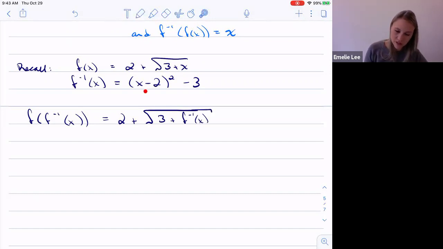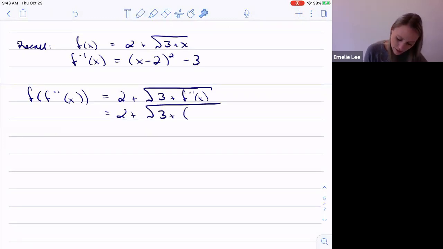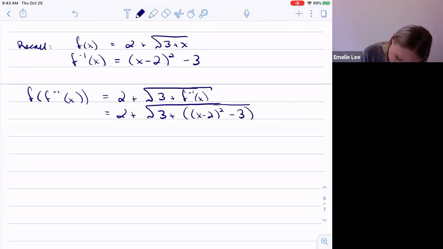And f inverse of x is (x minus 2) squared and then minus 3. So we get 2 plus the root of 3 plus, and I'm going to put my whole inverse in brackets, especially because there's some subtraction going on here and I don't want to lose anything. So I've got (x minus 2) squared minus 3.